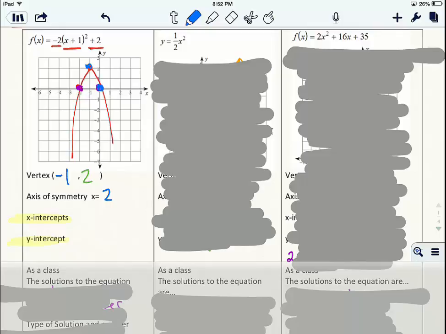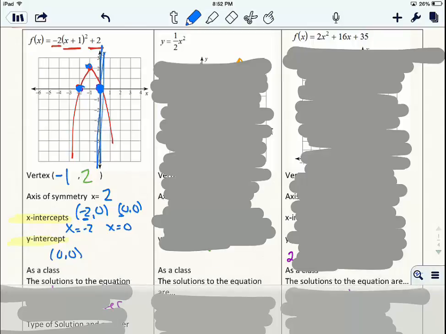The x-intercepts are when y equals 0, and they are at negative 2 and 0, 0. So you could write them as a point. We're just talking about the x's. Or you could say x equals negative 2, x equals 0. And then the y, where it crosses the y-axis, is also this point, but now we're talking about this part of it.